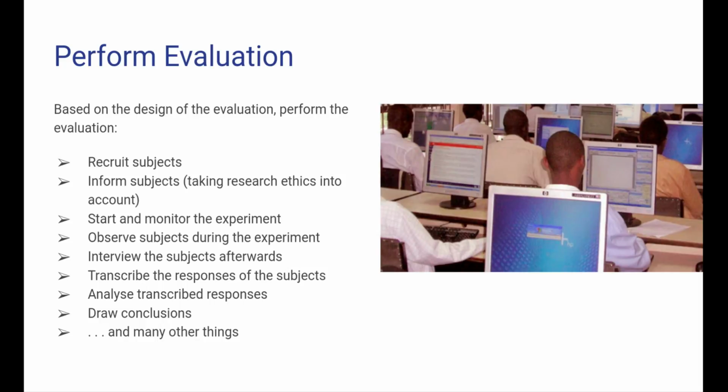And then after the subjects have played for some time, you interview them about their playing. You transcribe the responses that they give you. You analyze all those transcribed responses and you draw conclusions. And you will carry out many other things also.